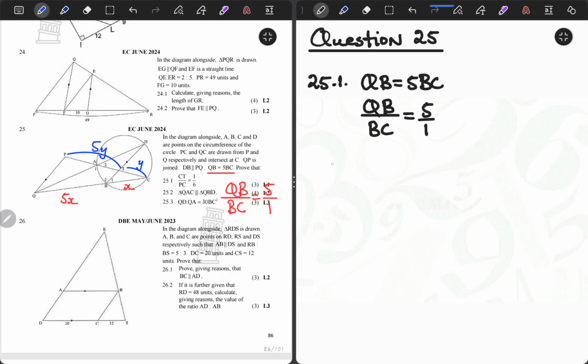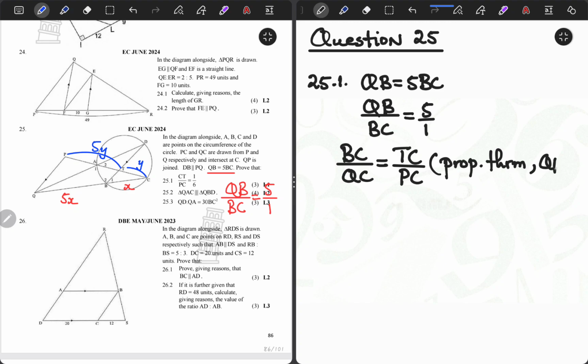So we'll say BC over QC equals TC over PC, because here we've got the proportional theorem, and having the proportional theorem, we can conclude that QP is parallel to BT.